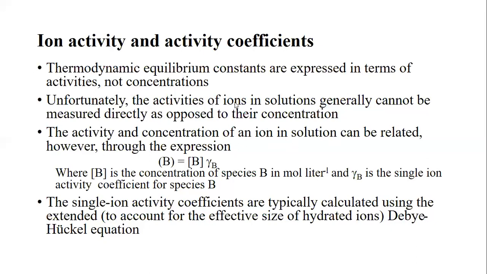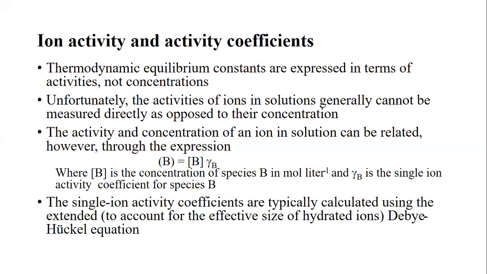Unfortunately, the activities of ions in solutions generally cannot be measured directly, as opposed to their concentration. So when we measure ions in solution, we measure their concentration, never activities. Whether you determine it by titration, by atomic absorption, by flame, whatever procedure you use, these will give you the concentration of these ions.